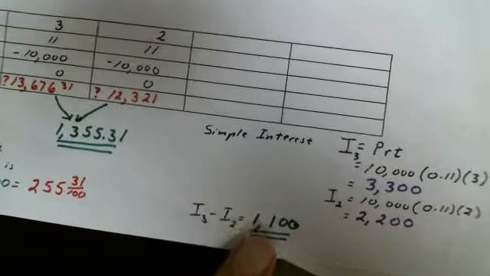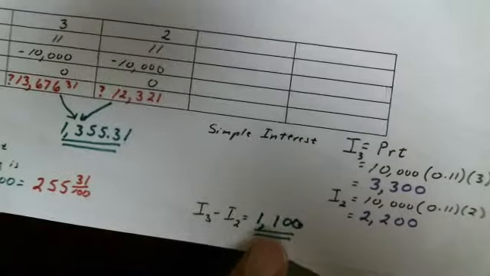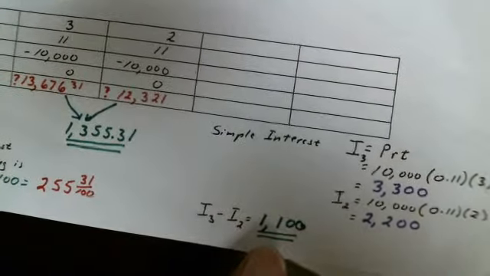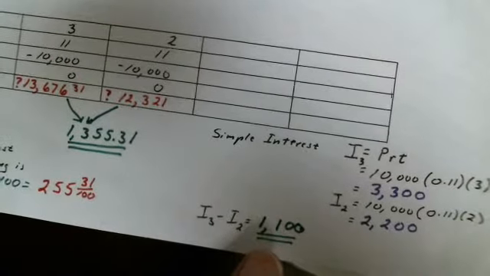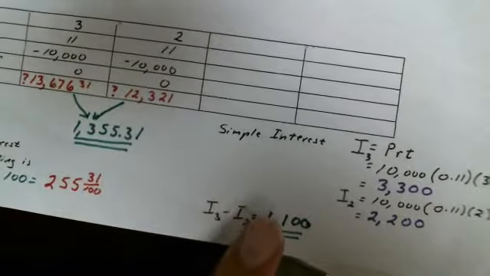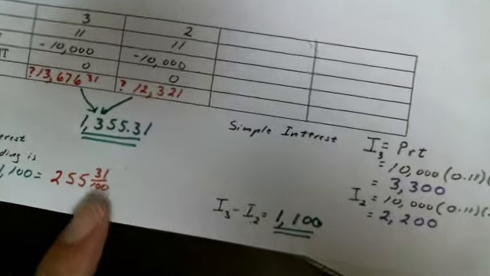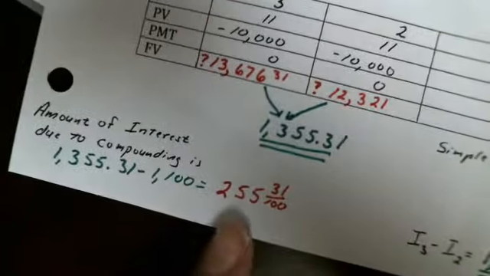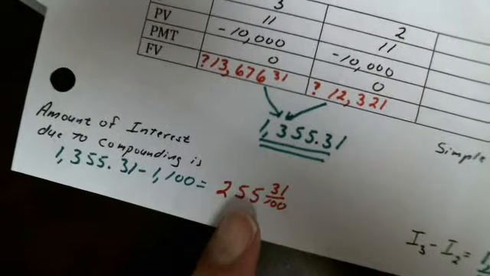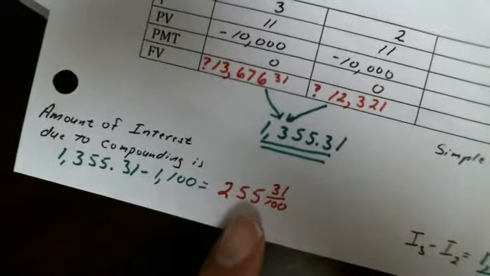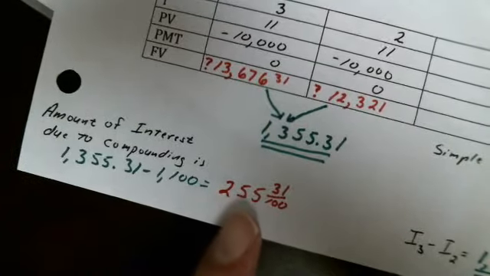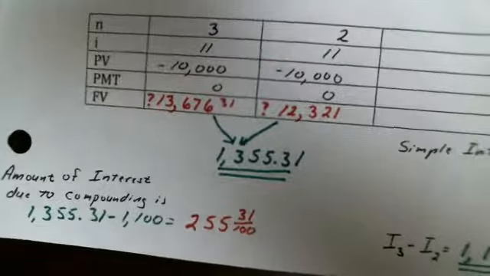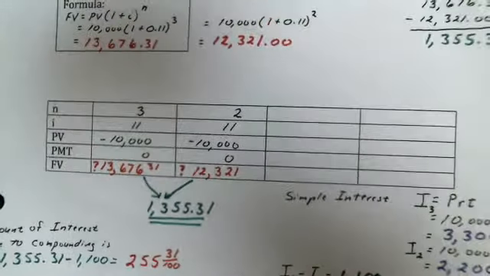Subtracting these two, which is what I'm showing here, you would get $1,100. So these two values in green are the interest that you would earn in the third year. Simple, compounding. Taking the difference between those two, you would get that the amount of interest you earn due to the compounding effect is $255.31.